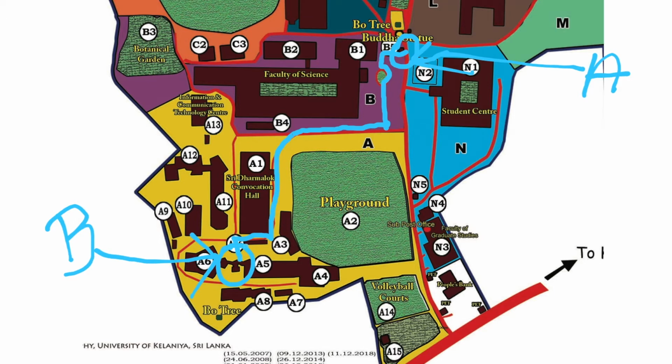So that is one possible path that you can guide your guest from the science main entrance to the Department of Statistics and Computer Science. There is another path.